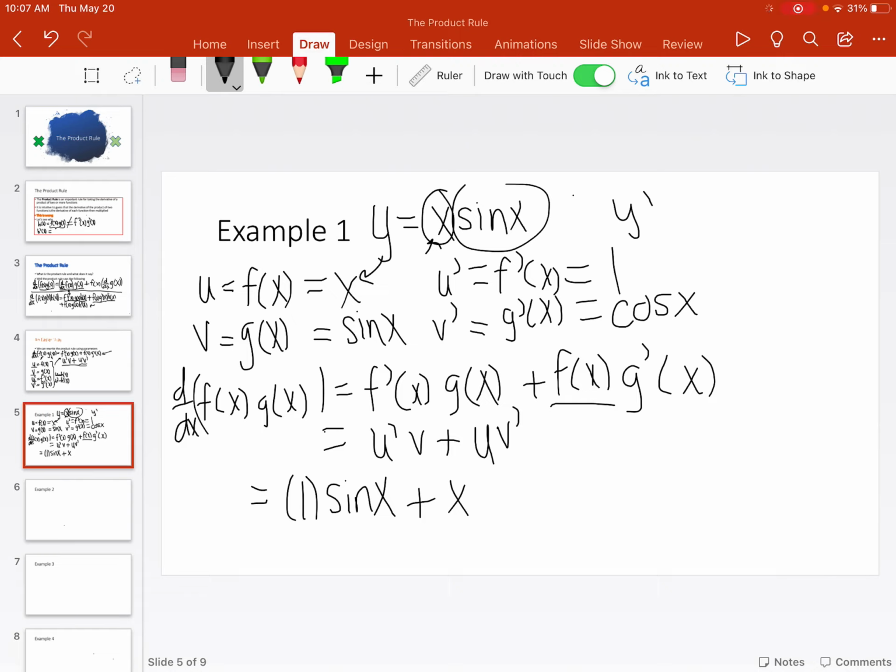What's v prime? v prime is g prime of x, and that is cosine x. Done. We found the derivative. We found y prime.